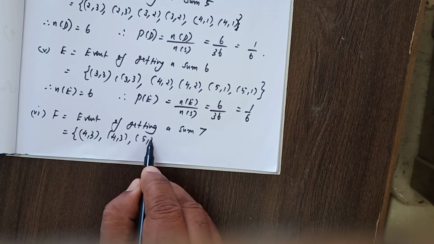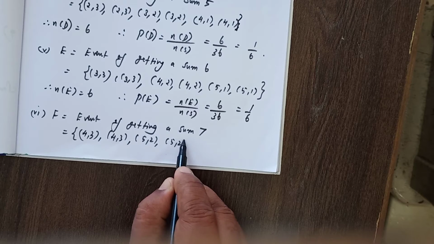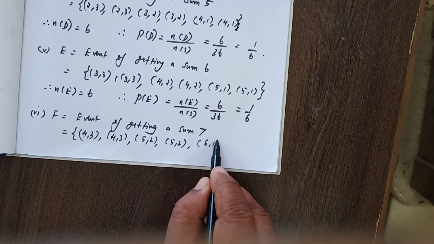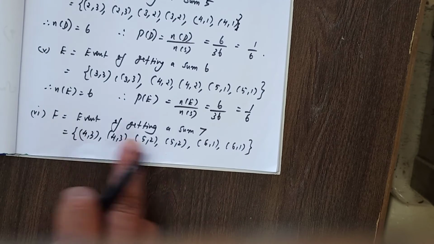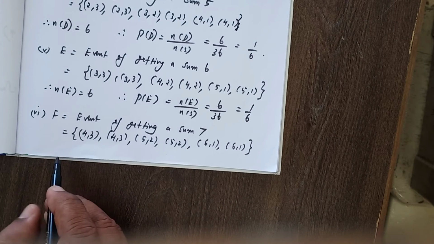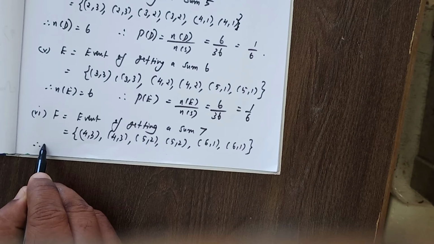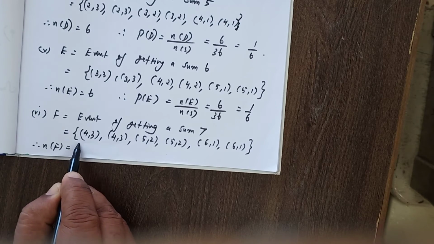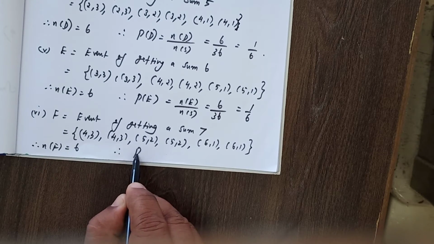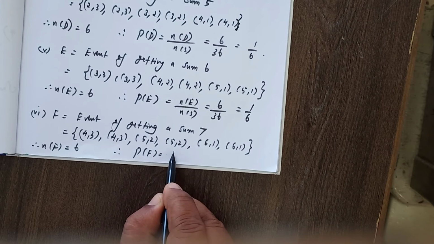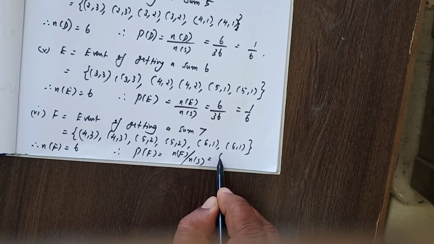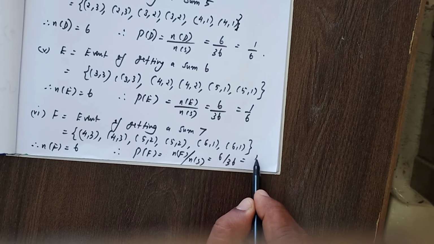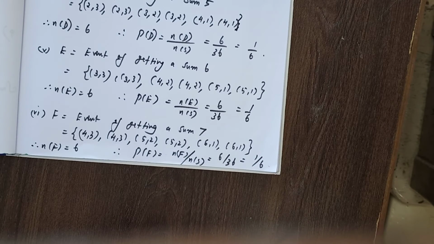Fifth row, we have 5, 2, again 5, 2. Sixth row, we have 6, 1, again 6, 1. Each and every one totals 7. Here n of F equals 6. Therefore P of F equals n of F divided by n of S, 6 divided by 36, which is 1 by 6.